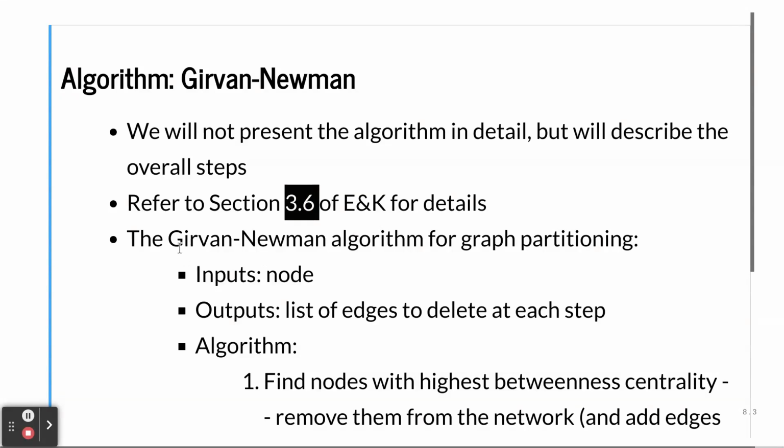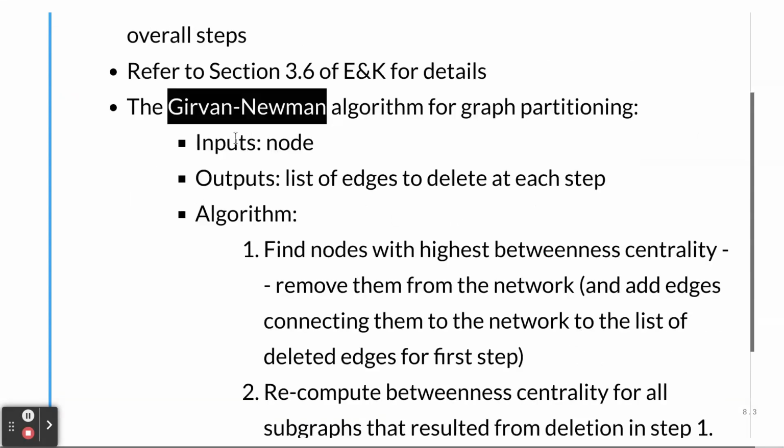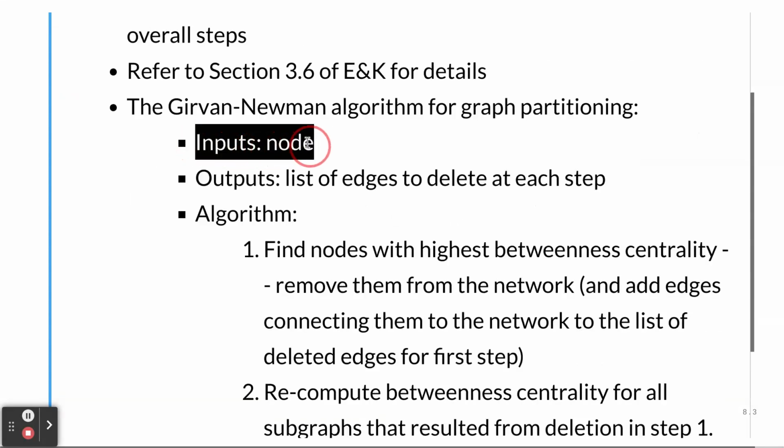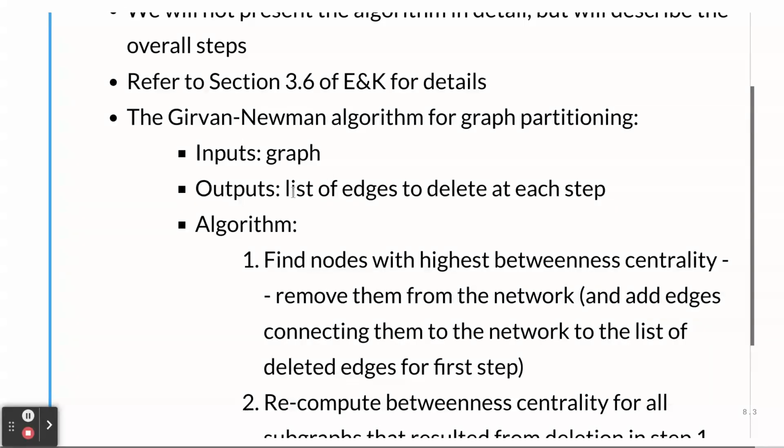But here are the main highlights of the Girvan-Newman algorithm for graph partitioning. The input to this algorithm is a graph, and the output is a list of edges to delete at each step.